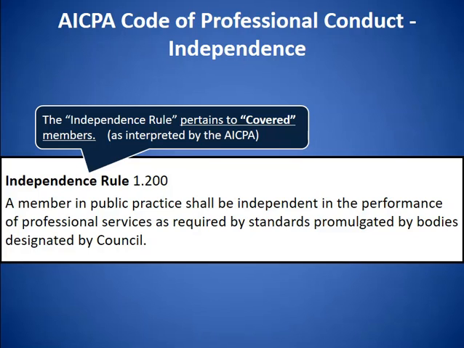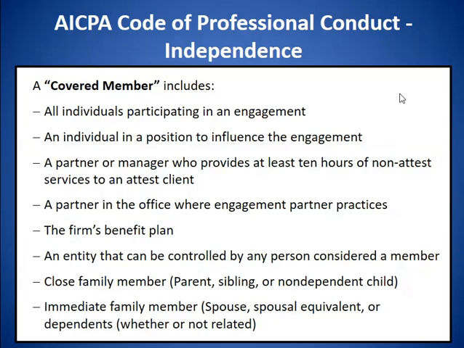So the AICPA provided a definition, and they said that the independence rule pertains to what are called covered members. Now let's take a look at what covered members means. A covered member includes all the individuals who are participating in an engagement.